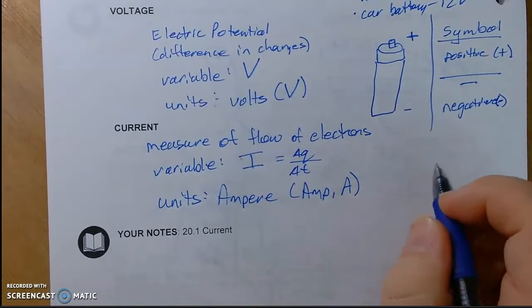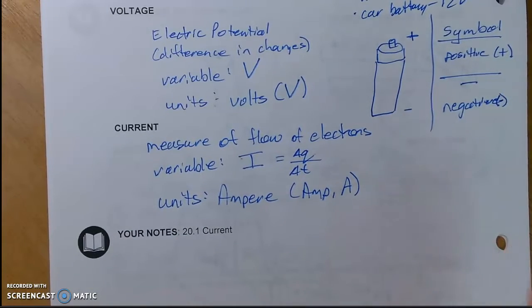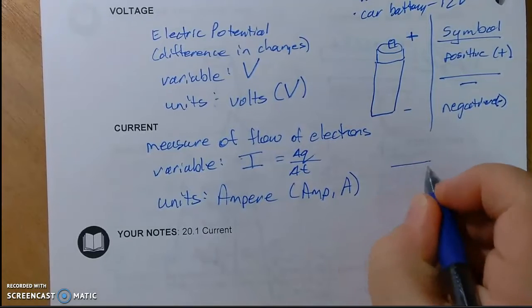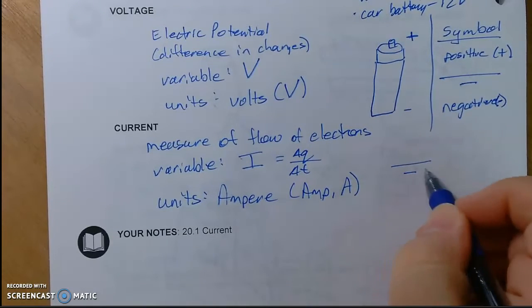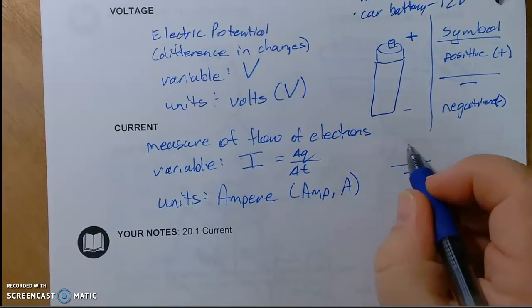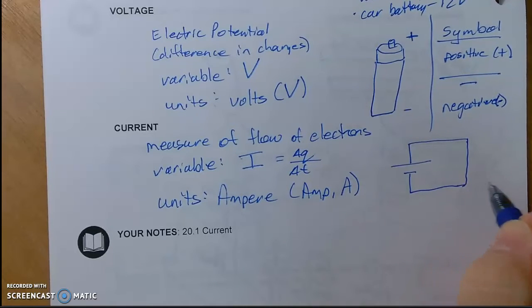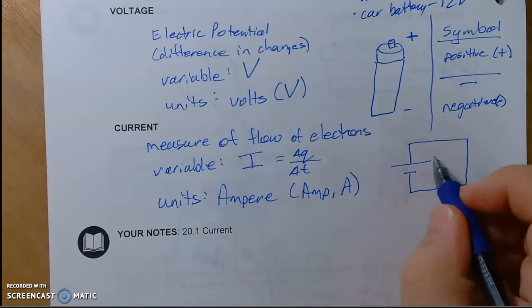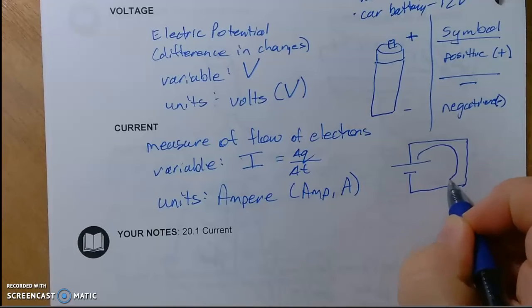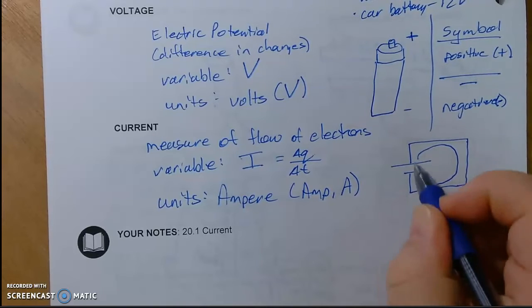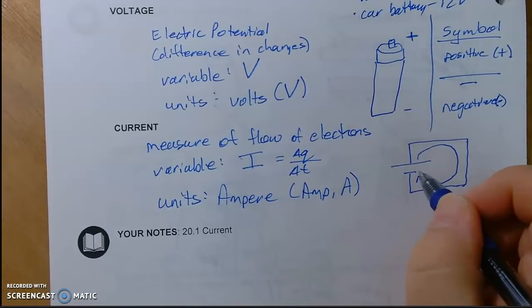But let's talk about current. Now, you don't really have a symbol for current. You just have a complete circuit. So here's our voltage source. We would put wires on there, which is just straight lines. Once we complete that, then a current's going to flow. Now, we would draw this current like this, going from positive to negative.